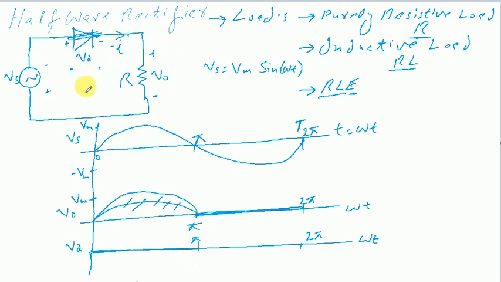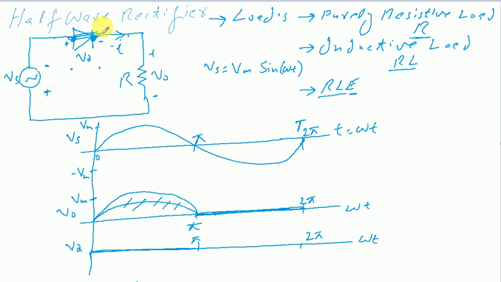During the negative half cycle, the diode will behave as an open circuit. We can consider these two points as now open, and effectively there is no diode present over here, and this is the voltage of the applied polarity during the negative half cycle.